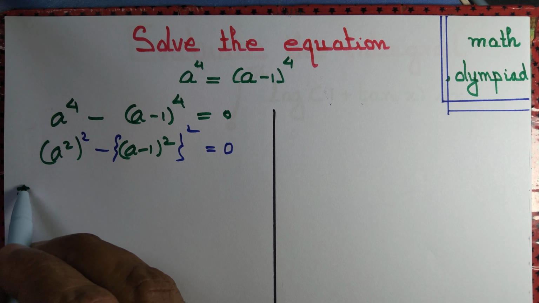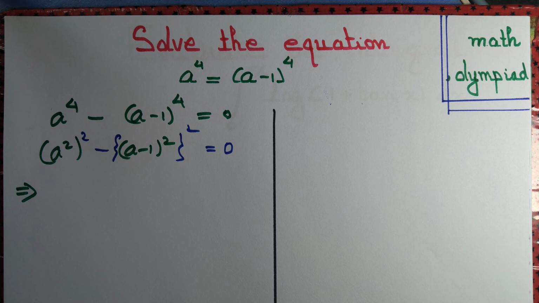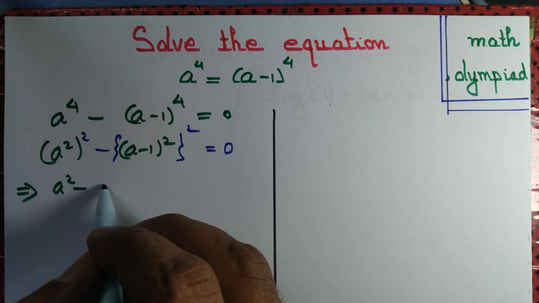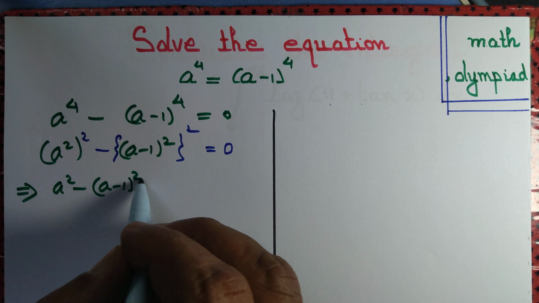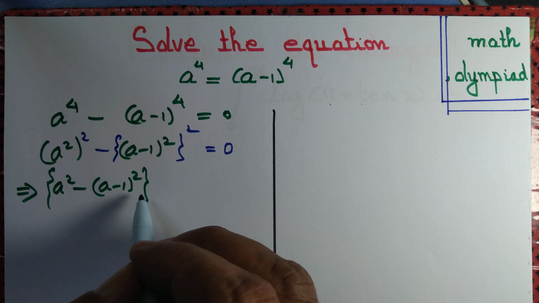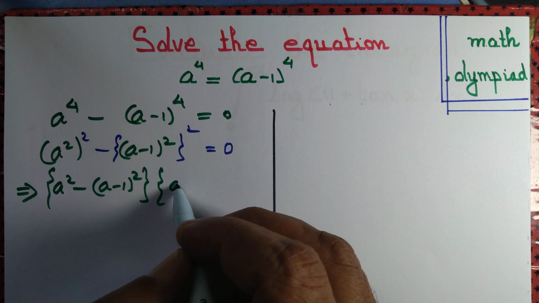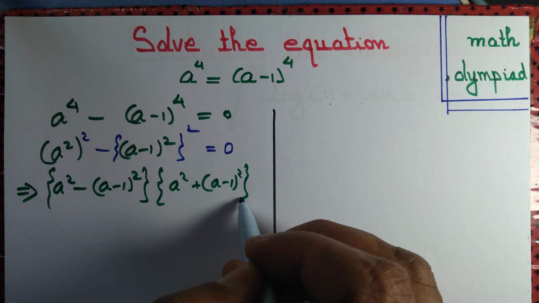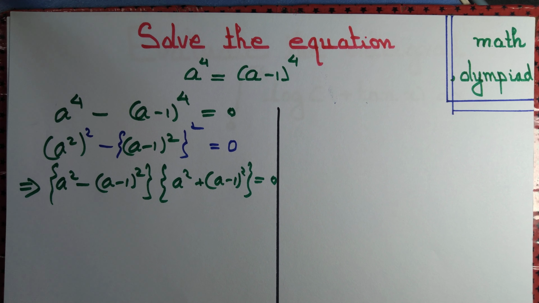So this can be written as (a plus b) into (a minus b). So this is equal to (a square minus (a minus 1) whole square) into (a square plus (a minus 1) whole square) equal to 0 as it is.